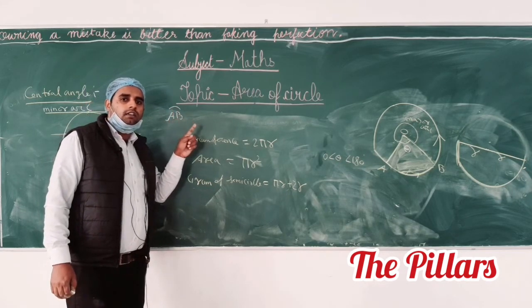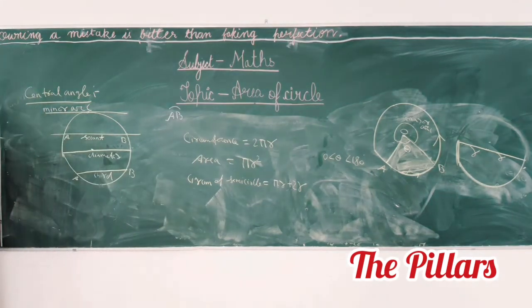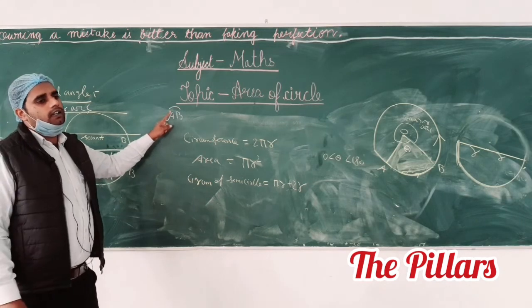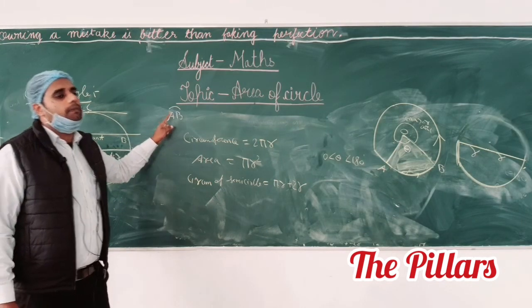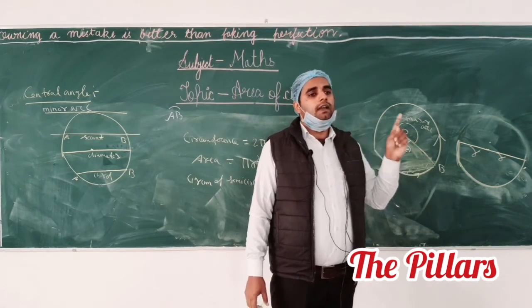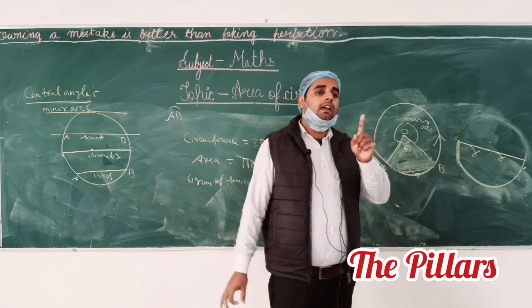Major and minor arc, the difference is there, I will mention it, don't worry. According to the angle, you have to tell whether it is major or minor. There is no separate representation of the major arc and minor arc.